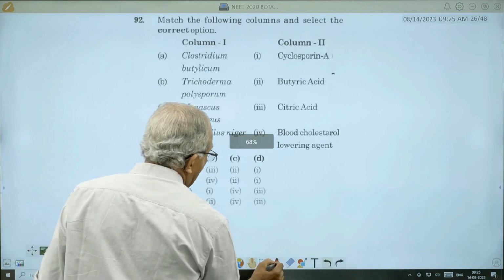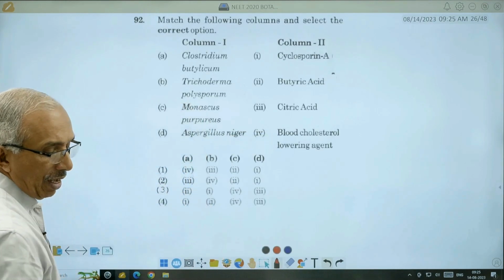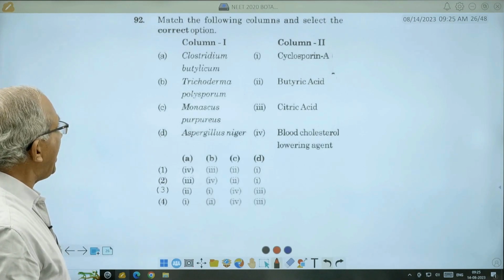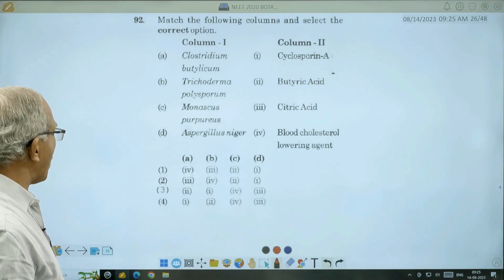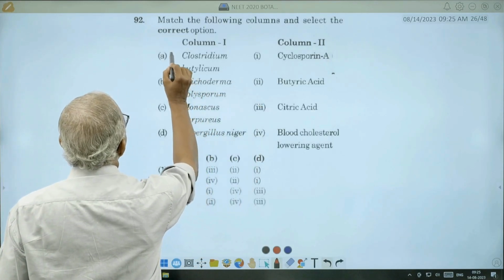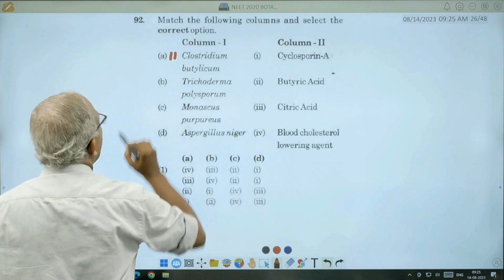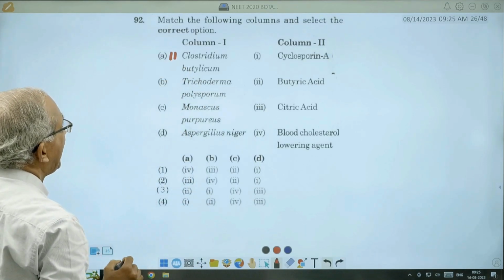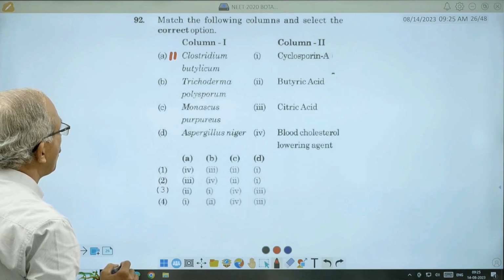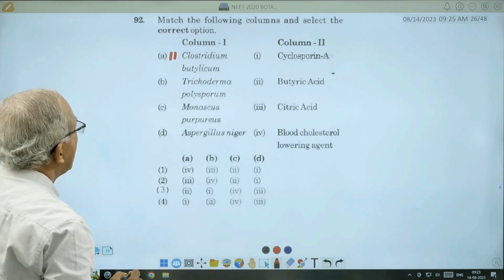Match the following. Clostridium butylicum can be matched with 2, because it is used for the commercial production of butyric acid.